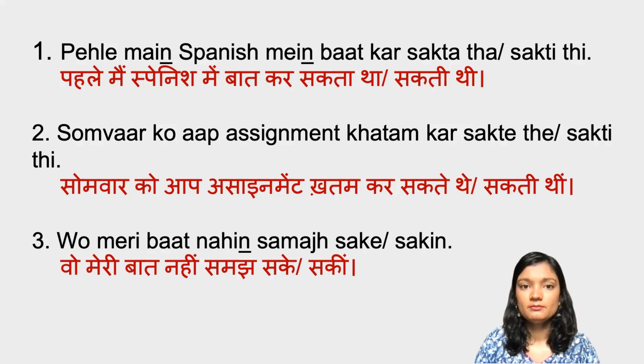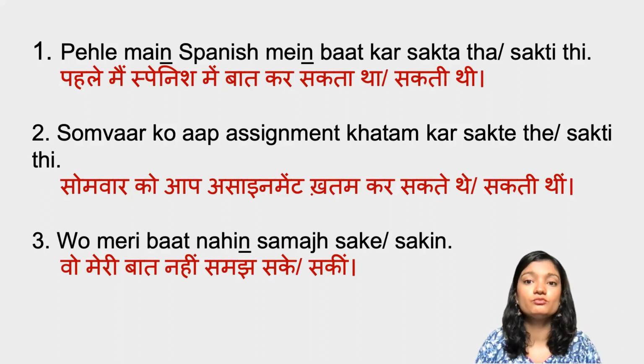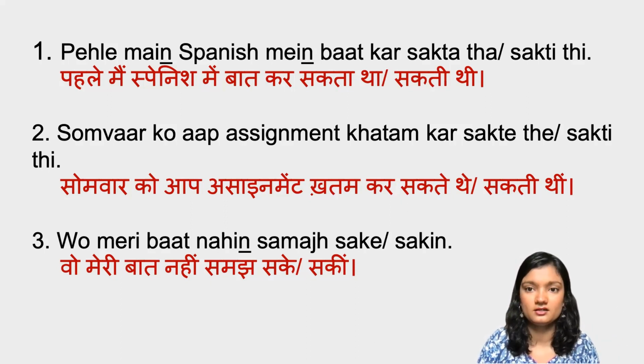So when I say पहले मैं स्पेनिश में बात कर सकता था, I mean to say that I could speak in Spanish before, but now I can't. Okay, so this expresses ability in the past, something that you could do before, but you can't anymore.